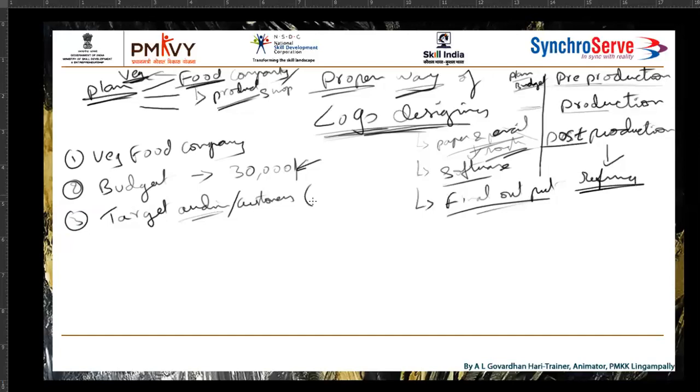Those are mostly vegetarians, because it's a vegetarian-based food company. That doesn't mean we are not going to target non-vegetarians, but we are going to target vegetarians. So this is our main thing. It's a veg food company. Now the budget is 30,000 and the target audience is these veg people.